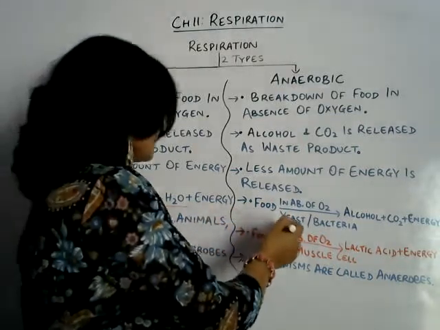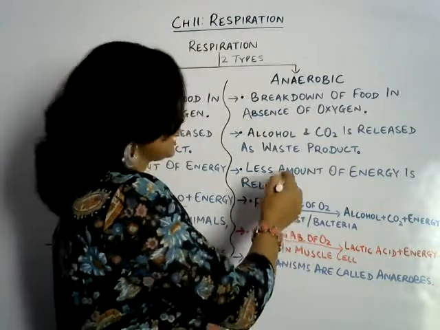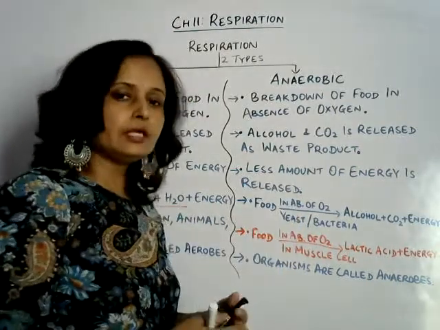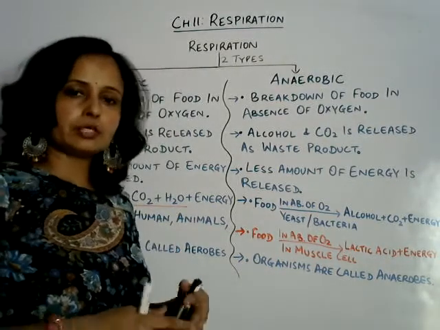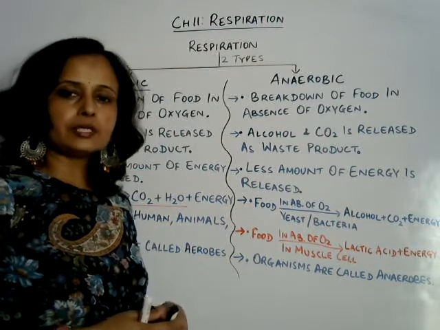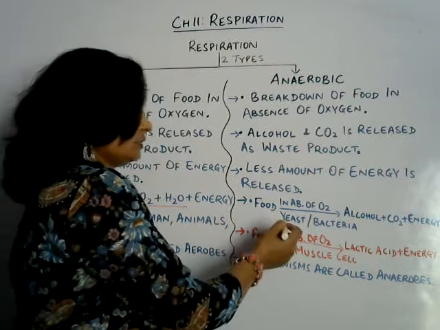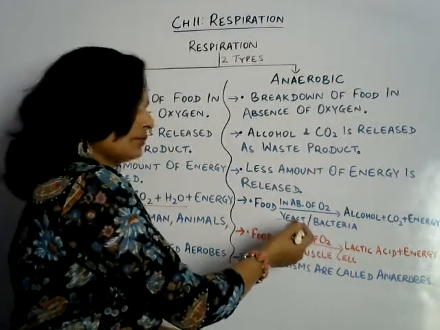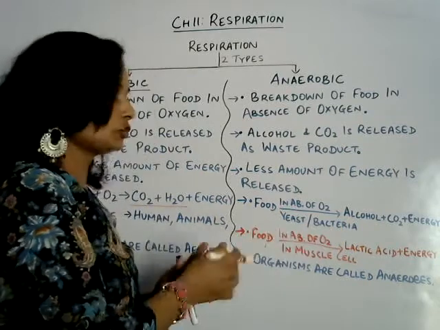Now let us check the example of the chemical equation of anaerobic respiration. It takes place in the absence of oxygen. So the breaking down of food takes place in the absence of oxygen. Basically it takes place in yeast and bacteria; yeast is a kind of fungi, and some bacteria, not all bacteria.